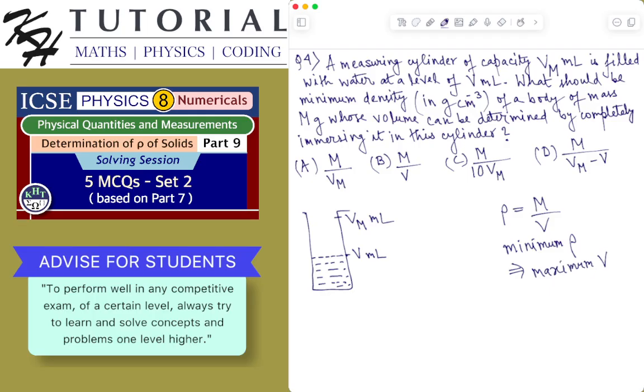From this relation, that rho, the density, is equal to mass by volume, if the density for a given mass has to be minimum, then of course the volume has to be maximum, because volume is in the denominator.